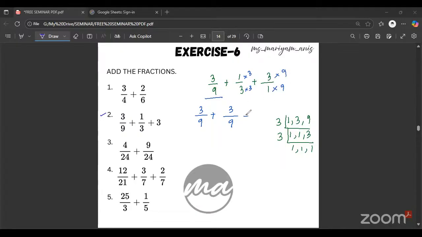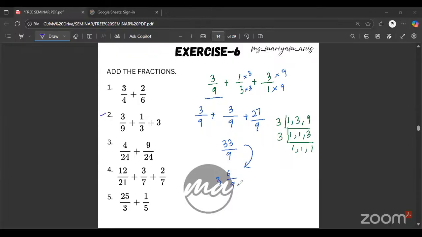So it will be 27 over 9. Now we can add all of them. 3 plus 3 is 6. 6 plus 27 is 33. Now you can convert this to a mixed fraction, which will be 3 and 6 over 9.